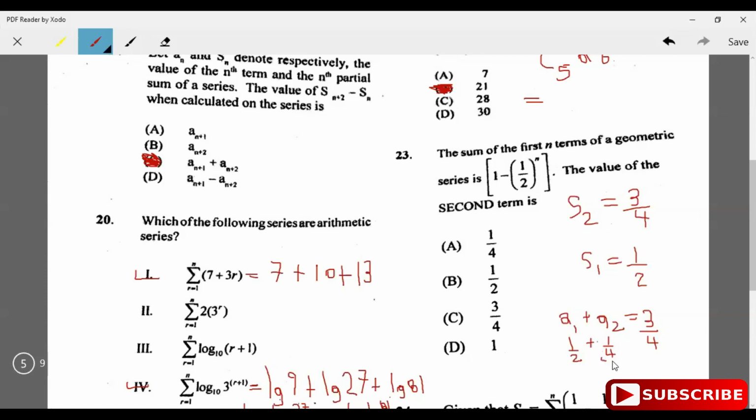So the second term is a quarter. The sum of the first two terms is when n equals 2, and the sum of the first term is when n equals 1. All I have to take into consideration is that S2 is equal to A1 plus A2. Exactly.